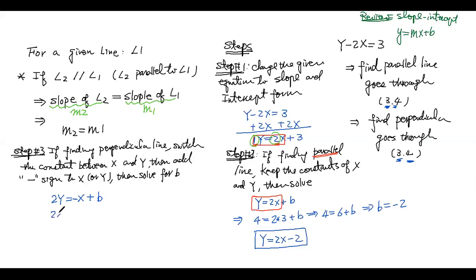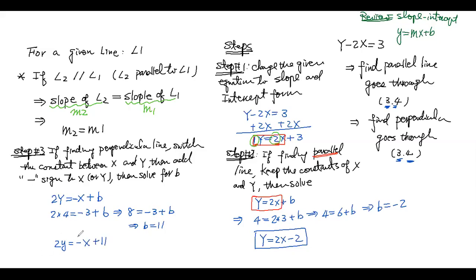So this is 2 times 4 is equal to negative 3 plus b. So you have 8 is equal to negative 3 plus b. So what is the b value? b is equal to 11. So now you have 2y equal to negative x plus 11.